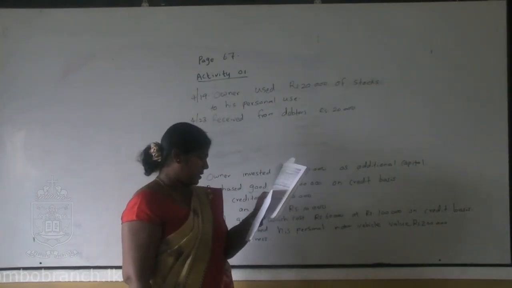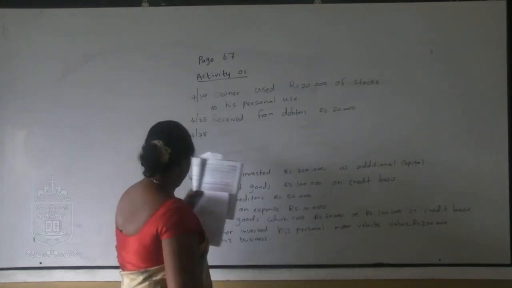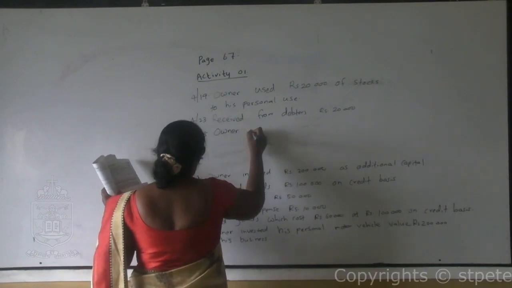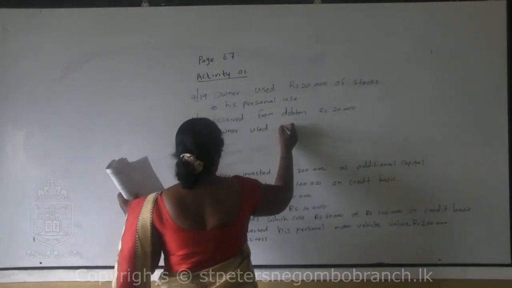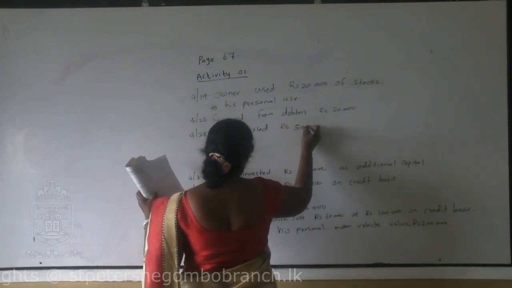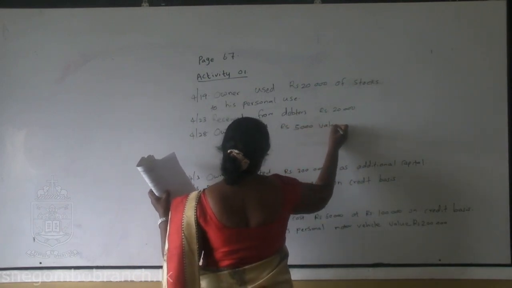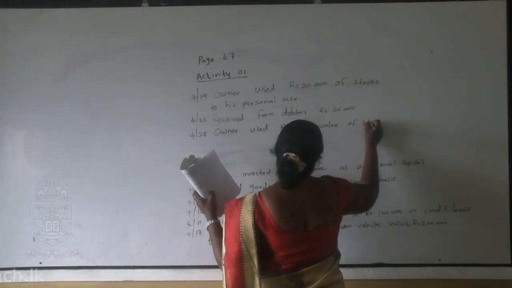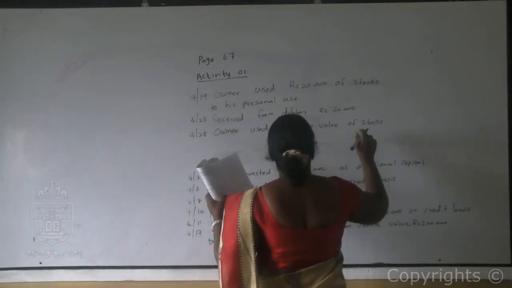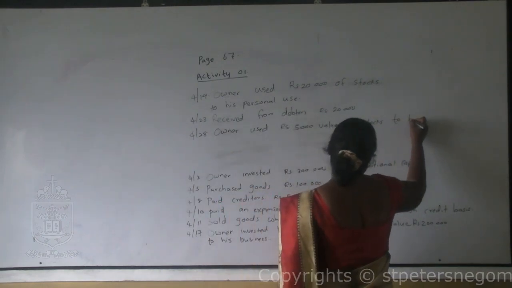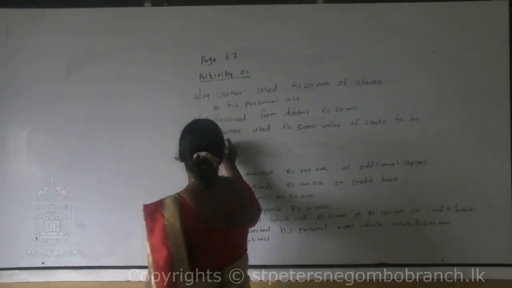So you can write it as owner used 5,000 value of stocks to his personal use.